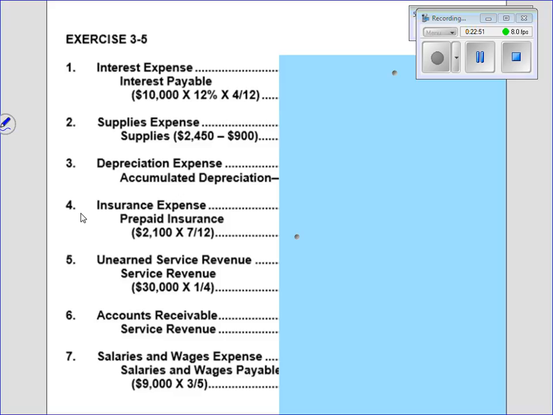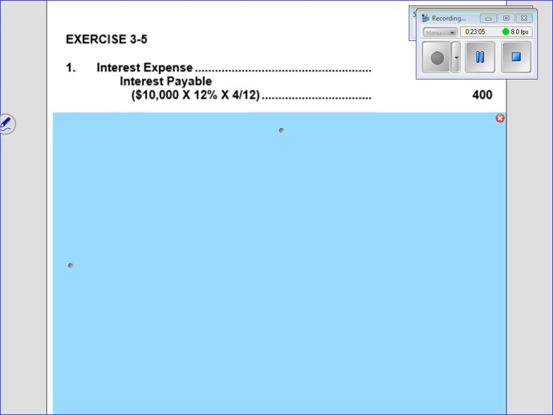Do you have an extra line before the number 2? Okay. On that extra line, I want you to do your math. Put your $10,000 loan in times 12%. Let's think about why we're taking it times 4/12. When did we take this loan out?